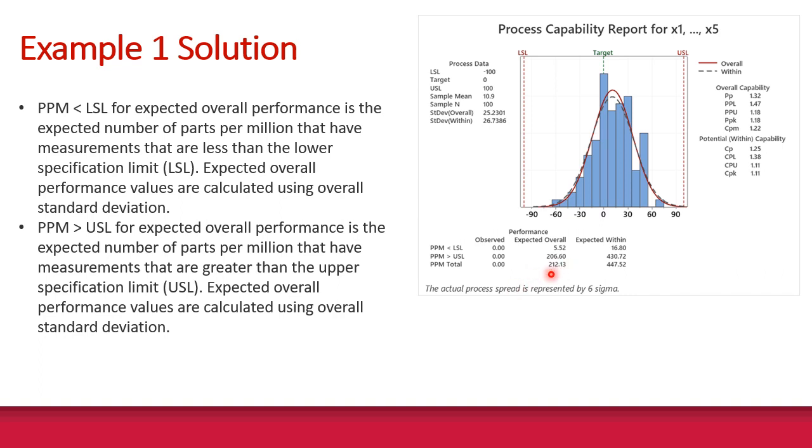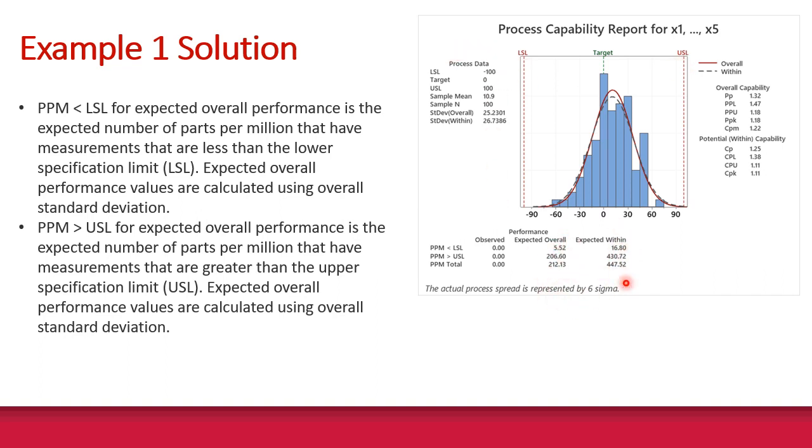That's what that is. And same thing for the upper specification limit. So again, this one and this one adds up to the parts per million total. So we would expect that 212.13 parts out of every million would have problems. Either they would fall outside of the upper specification and lower specification zones.